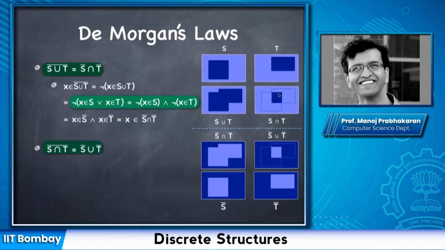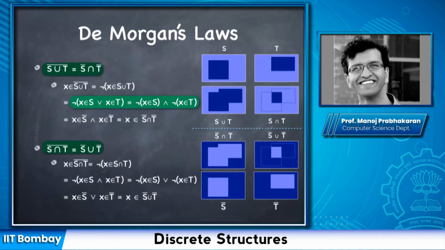S intersection T is this part, its complement is everything here. So things which are either in S complement or in T complement, they're all dark here. So if it's dark here or here, it's all dark here. Again, you can prove this using De Morgan's law applied to the membership predicates.